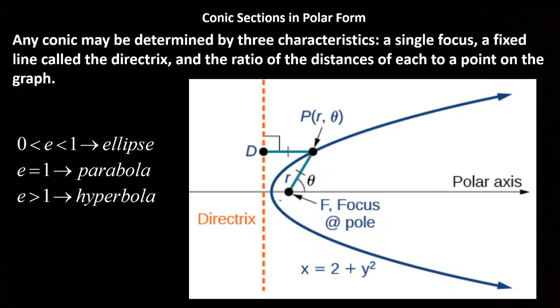And the directrix is right here. Now, it could be horizontal conic sections, or it could also be vertical conic sections. We could also have things like this, right? We can have a parabola this way, or we can have a parabola where it opens this way, right?